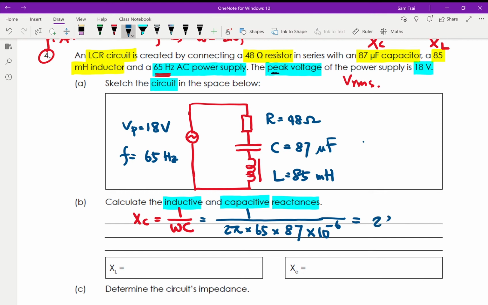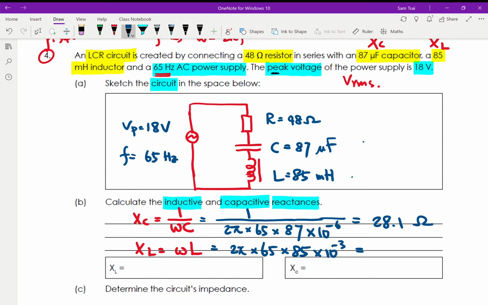and it will be 28.1 ohms. And how about XL? XL is proportional to the frequency and the inductance, so we put in the numbers: 2 pi times 65 times 85 times 10 to the power of -3.